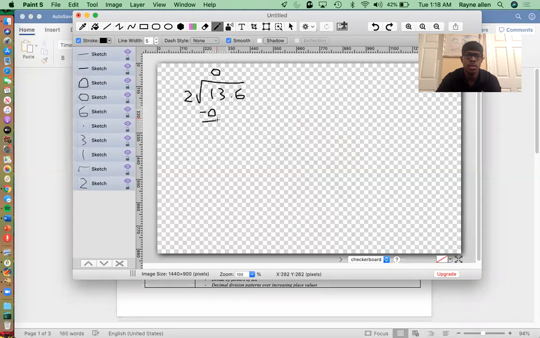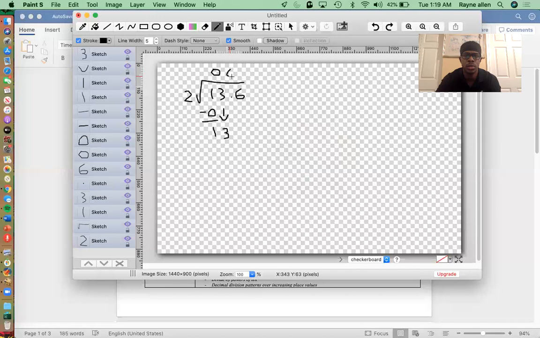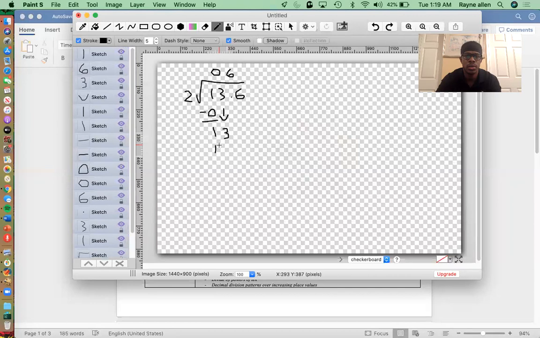Minus 1 minus 0 is 1. Bring down the 3. How many times can 2 go into 13? 2 can go into 12 6 times without going over. 6 times 2 is 12. We minus 13 minus 12 is 1.